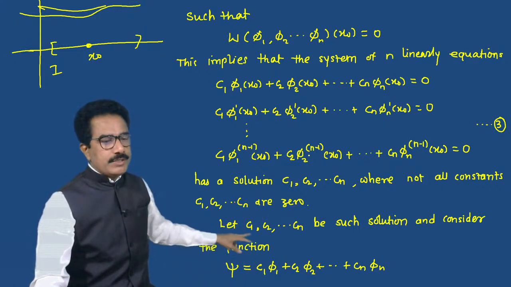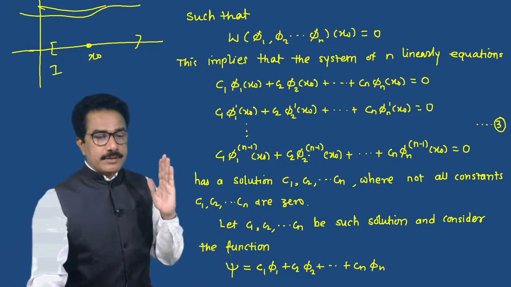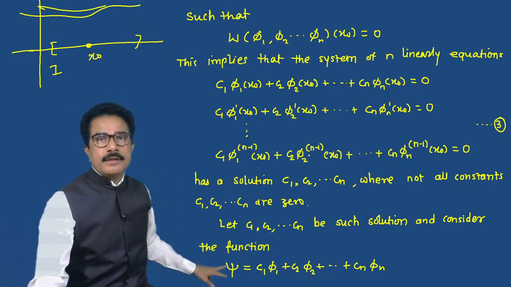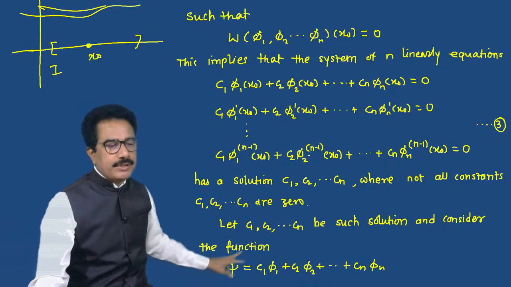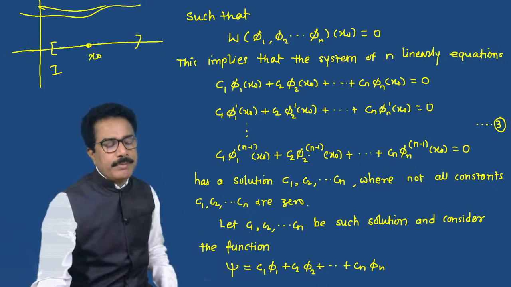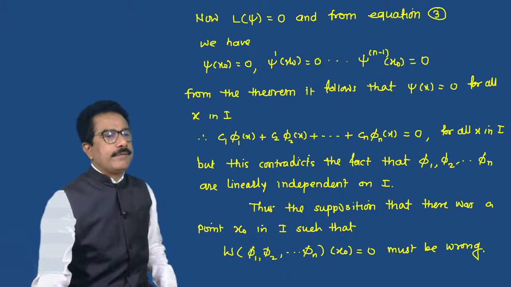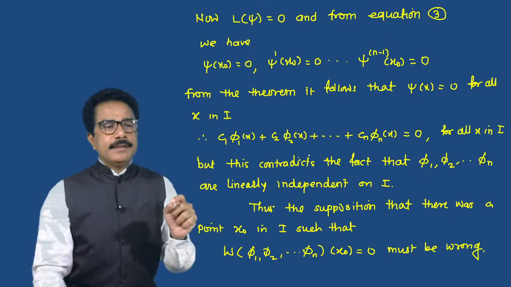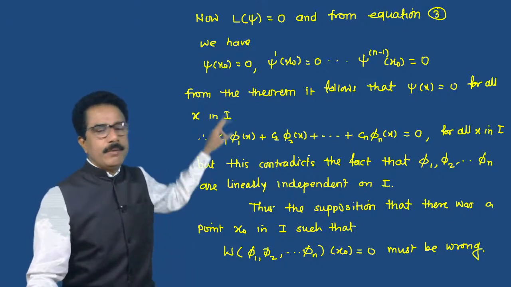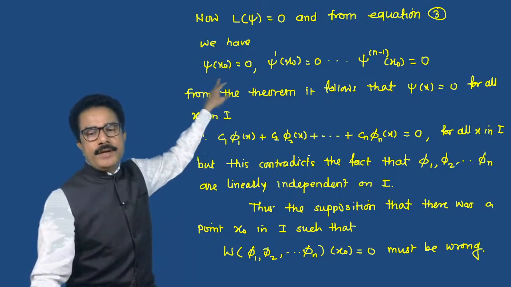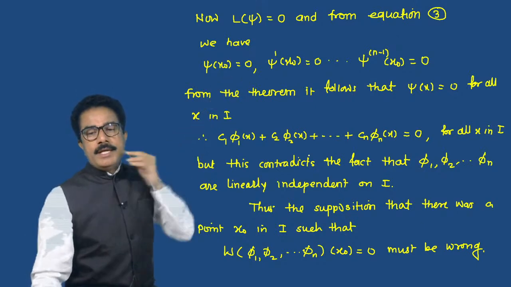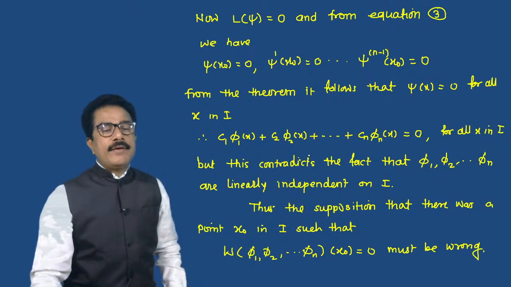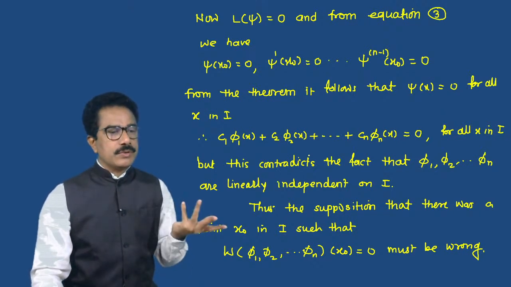Let c1, c2, dot dot cn be such a solution, and consider the function psi is equal to c1 phi 1 plus c2 phi 2 plus dot dot cn phi n. Now L of psi is equal to 0, and from equation 3 we have psi of x naught equals 0, psi dash of x naught is equal to 0, dot dot dot, psi n minus 1 of x naught is equal to 0.